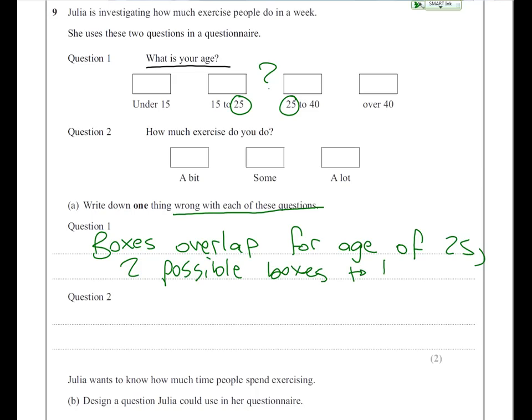Question 2. How much exercise do you do? This is an awful question for a questionnaire. Maybe in a conversation, this is okay. An okay question, an okay response. But if you want to find out information that you can really analyse, what you need to know is some exact details.